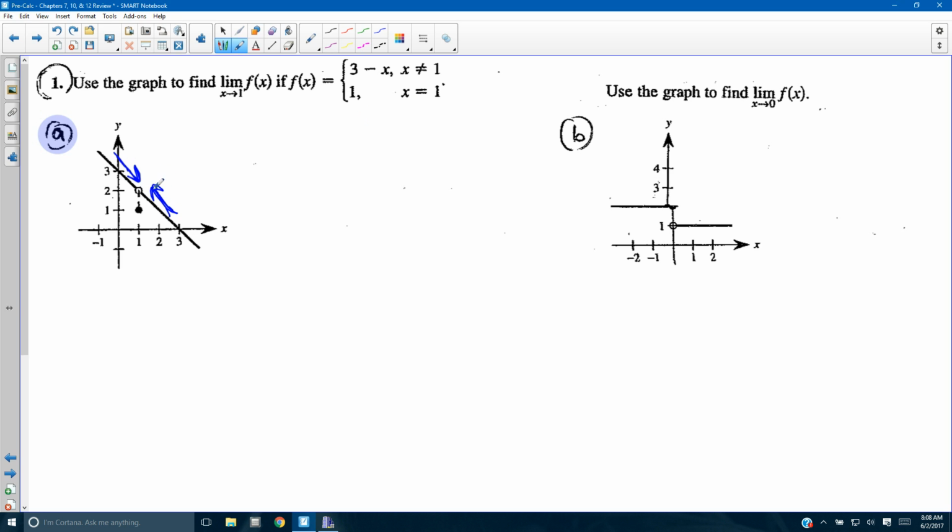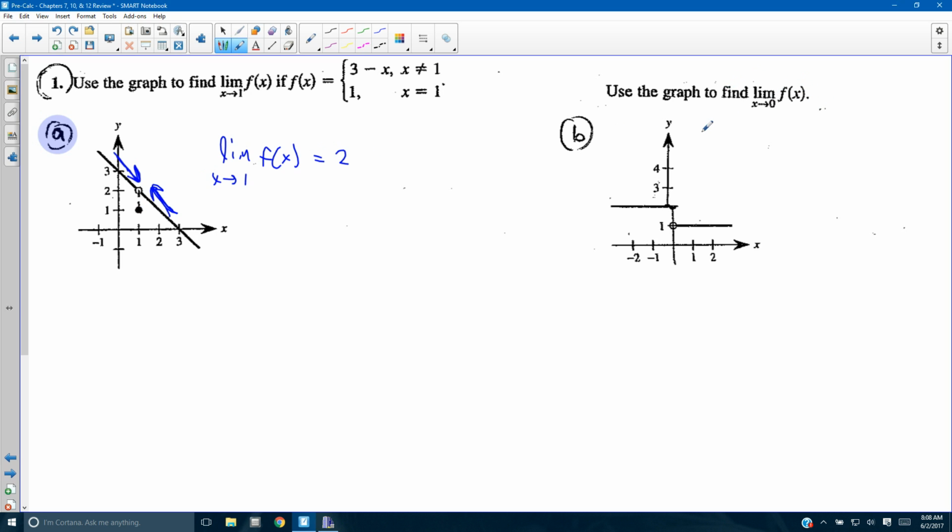But as we approach 1, as we get closer and closer to it, and you can use your graphing calculator, you can see you're going to be approaching the number 2. The limit as x approaches 1 of f of x is 2 because that is the y value that it's getting closer to from our defined set, even though the defined value is at 1.